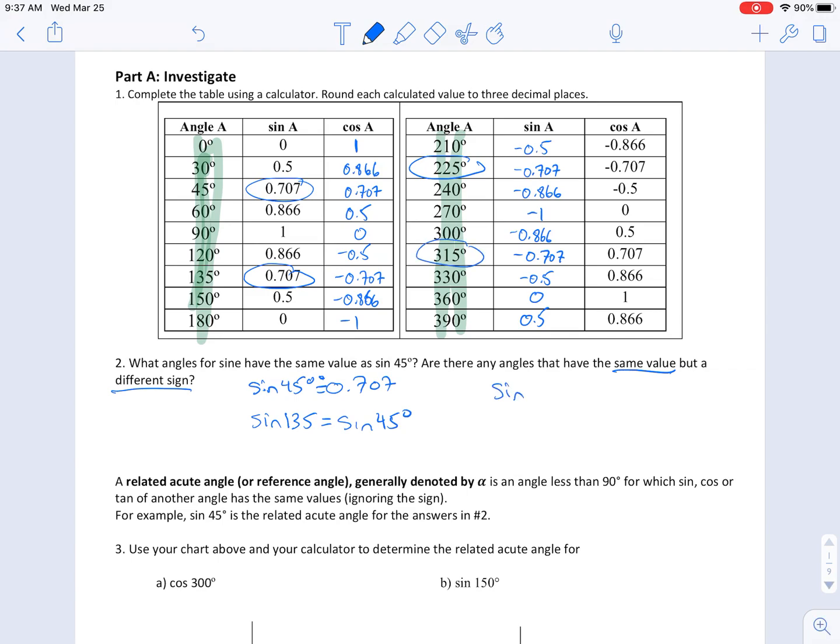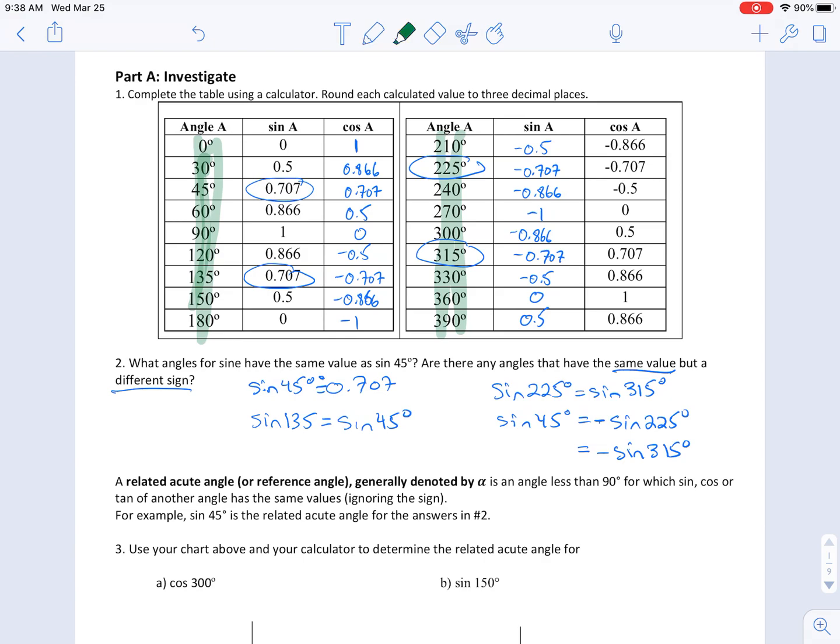So sine of 225 equals the sine of 315, or you could think of the sine of 45 as equal to the negative version of sine of these two angles. If you tally those all up, we've actually got 4 different angles matching up, although the signs do differ. So sine of 45 matches up to 3 other ones with the signs somewhat different. And we're going to try to explain that.